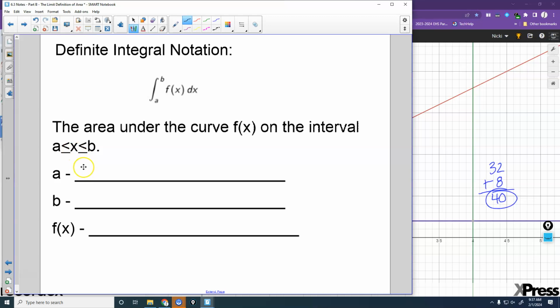A is your lower bound. B is your upper bound. And f is just whatever your given equation is.